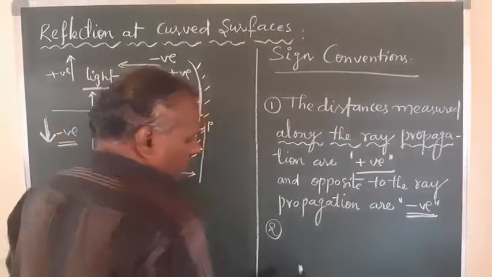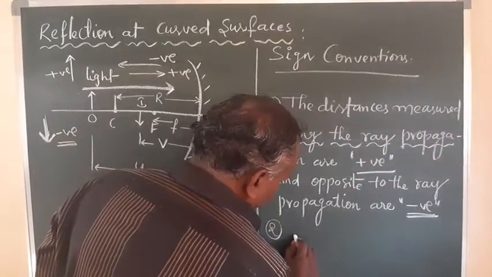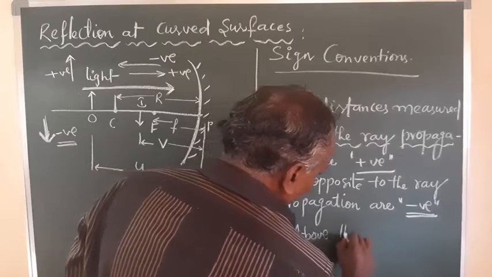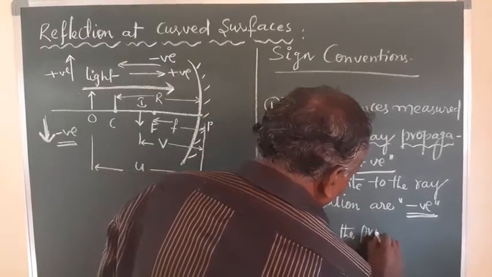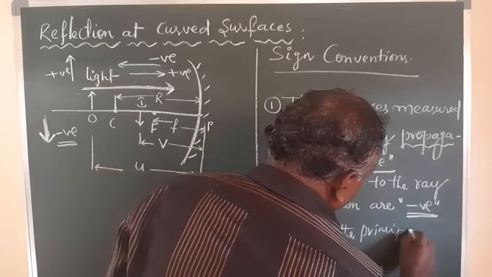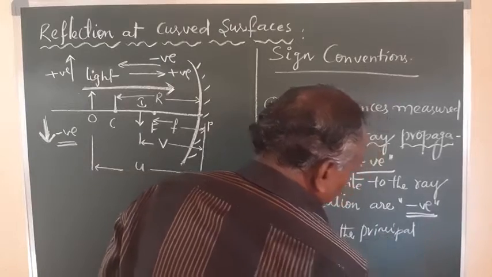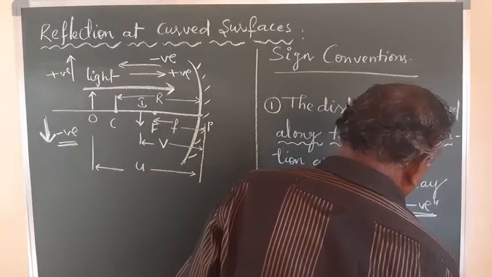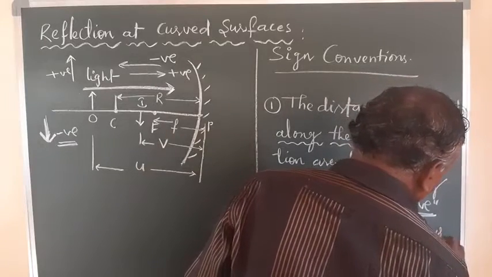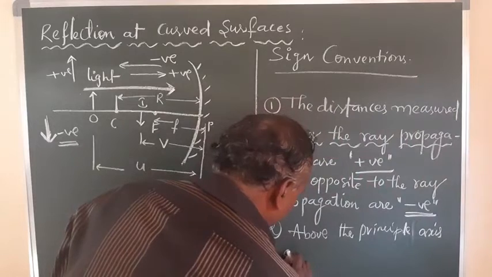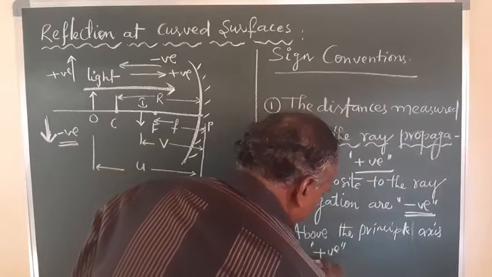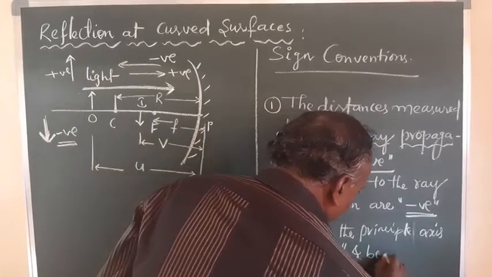So here, above the principal axis, I am not writing all. Above the principal axis are positive and below are negative.